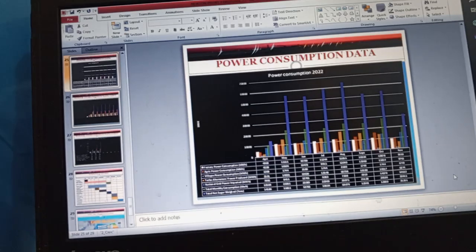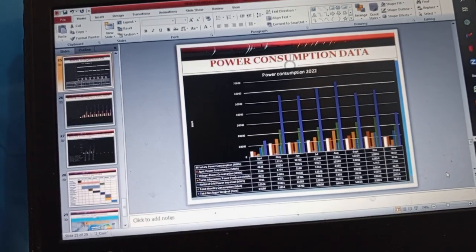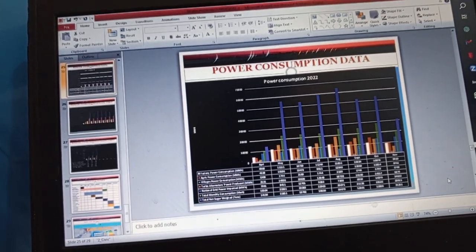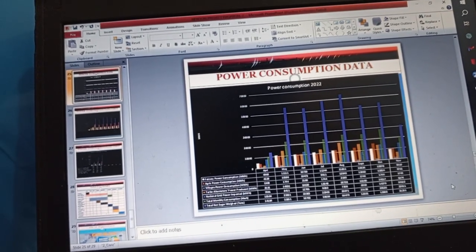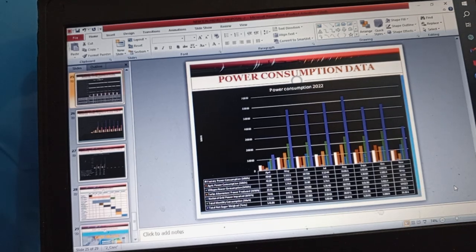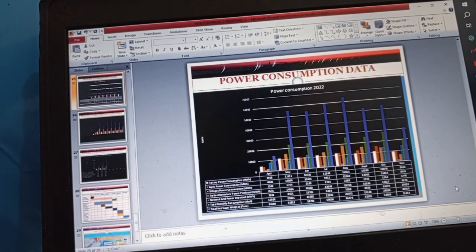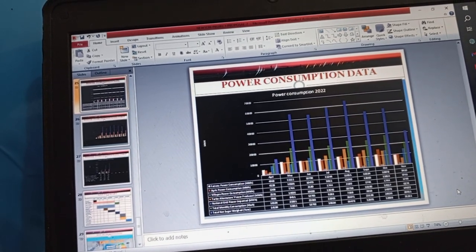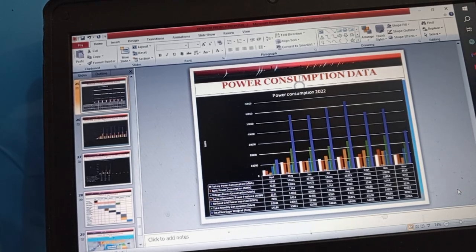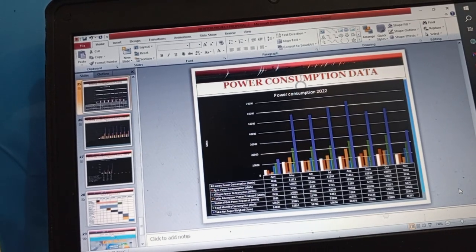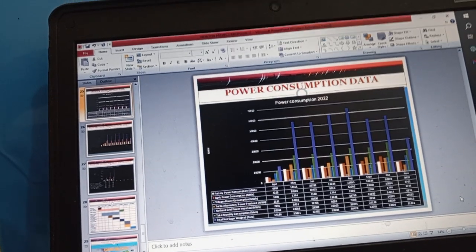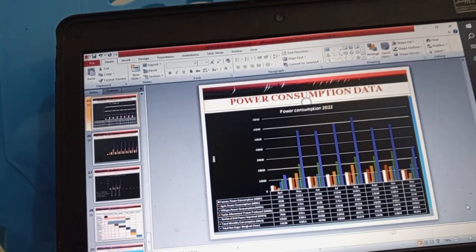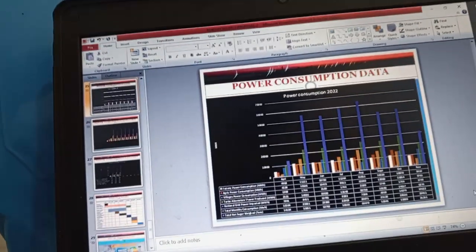Then the one which is showing in blue, that's the national grid power imported, the power that we are importing from ZESCO. Yeah, and on average, we import about 8,400 to 9,000 megawatts in a month.